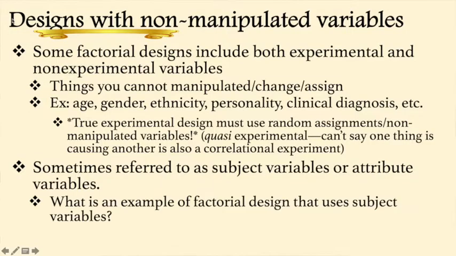So let's think of an example of a factorial design that uses subject variables. So let's imagine that I was interested in measuring the motivation of two different age groups to watch a particular television show. So one of the shows was a thriller and one of the shows was a comedy. So I'm interested to measure motivation to watch a program based on the genre and the age of the participants.